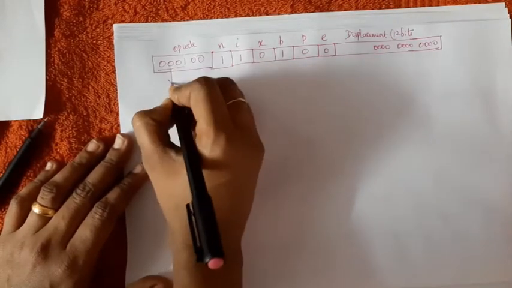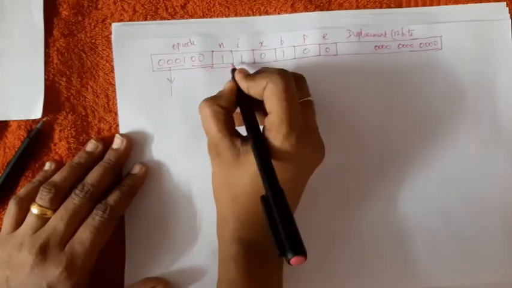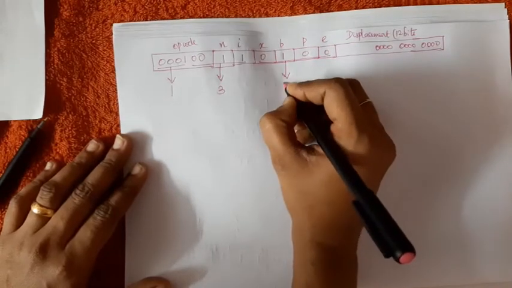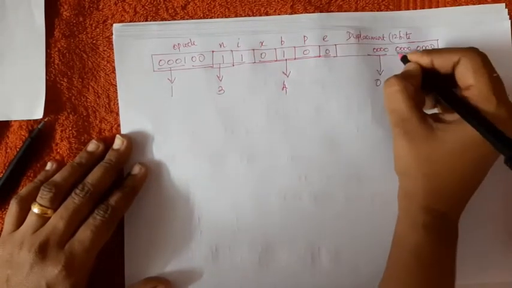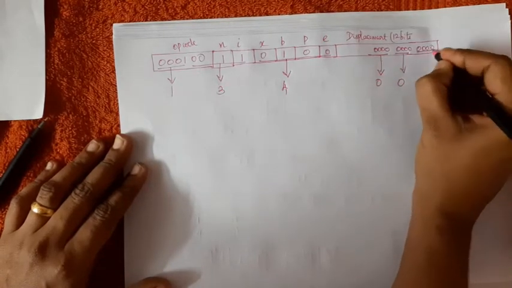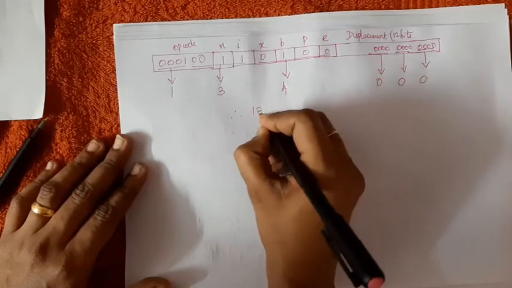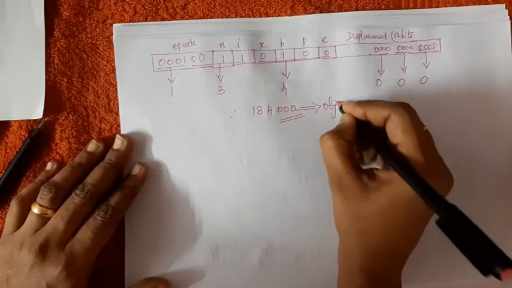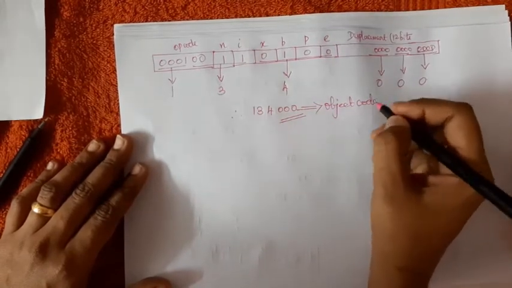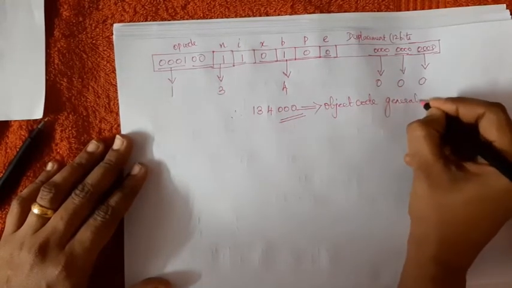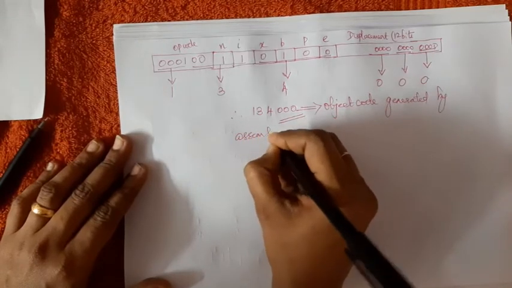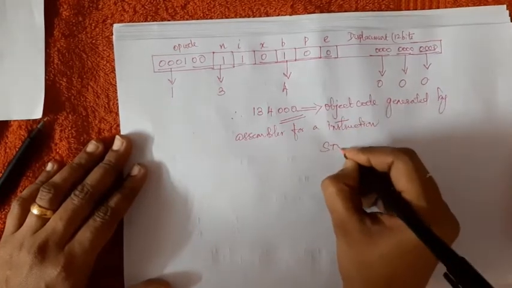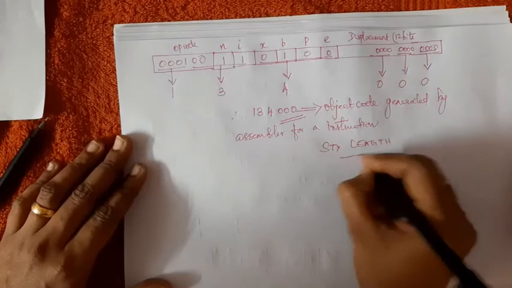Combining the bits 0011 gives 3, and 0100 gives 4, and the rest are 0, 0, 0, 0. Therefore, we have got the value 13470000, and this is the object code generated by the assembler for the instruction STX length.